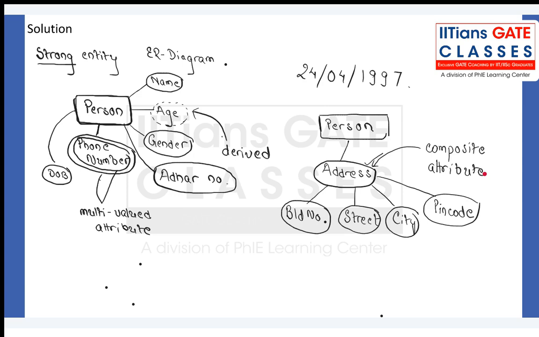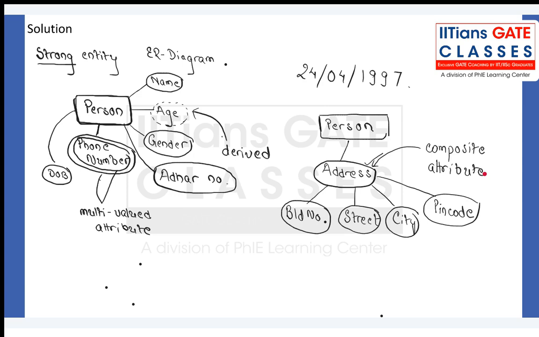How can you uniquely identify me? Okay, Aadhaar number, right? All of us have different Aadhaar numbers. I have an Aadhaar number which is unique, you have an Aadhaar number which is unique, and others have an Aadhaar number which is unique to them. So Aadhaar number is one of the attributes that can uniquely identify an entity.